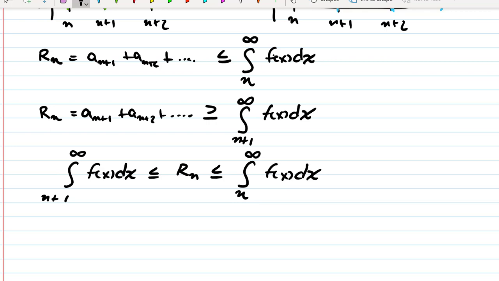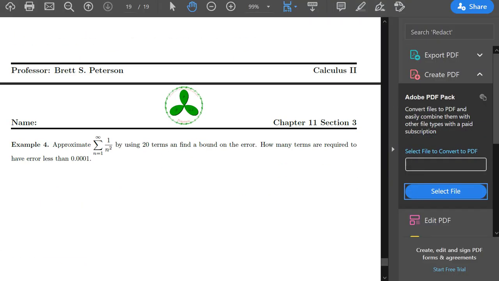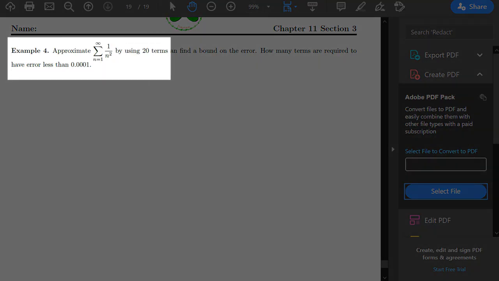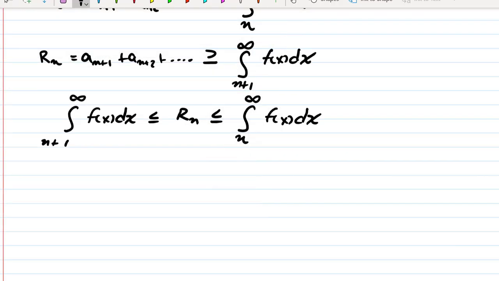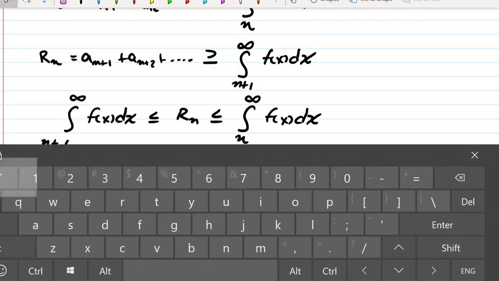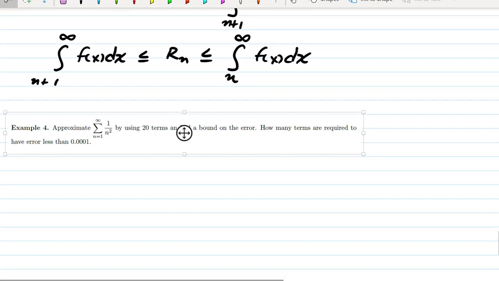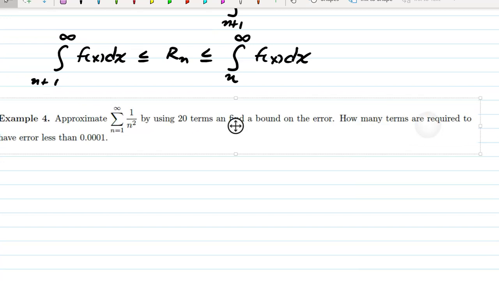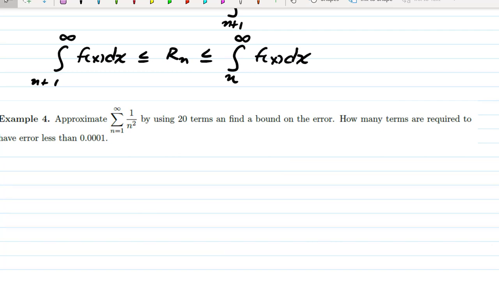So let's go ahead and do an example using this approximation. Example 4. Approximate the sum as n goes from 1 to infinity of 1 over n squared by using 20 terms, and then find a bound on the error.